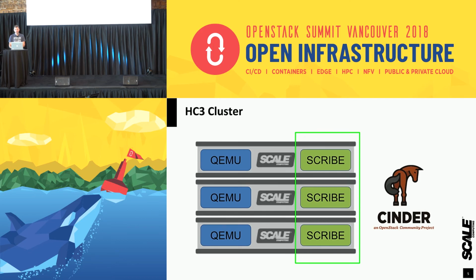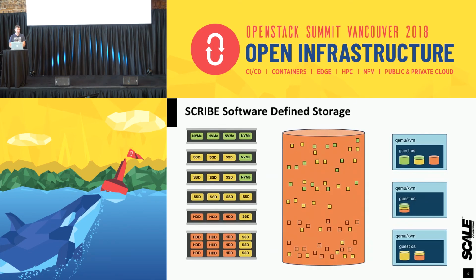So let's talk a little bit more about Scribe specifically. What Scribe really is as software-defined storage is it aggregates the block devices that are directly attached to all of the nodes in your cluster, whether they're NVMe or SATA or SAS SSD or spinning disk, into a single pool of blocks that is consumed by guest VMs in the system.